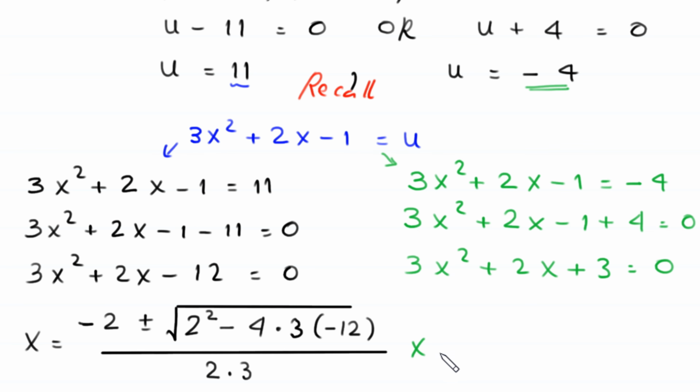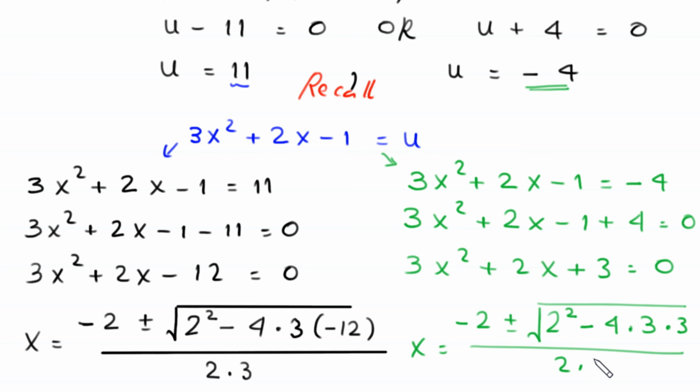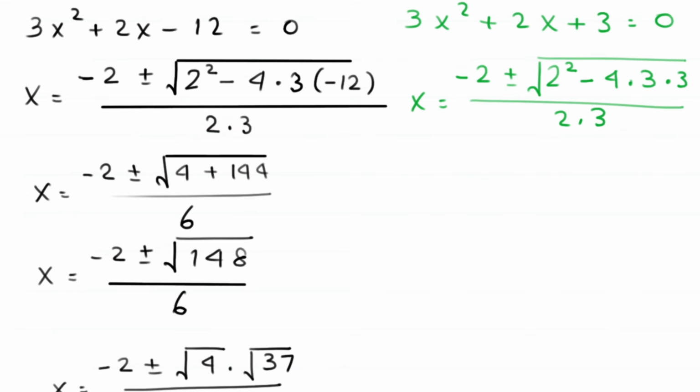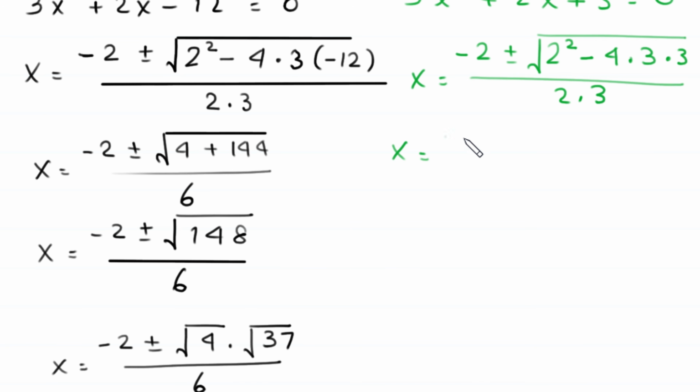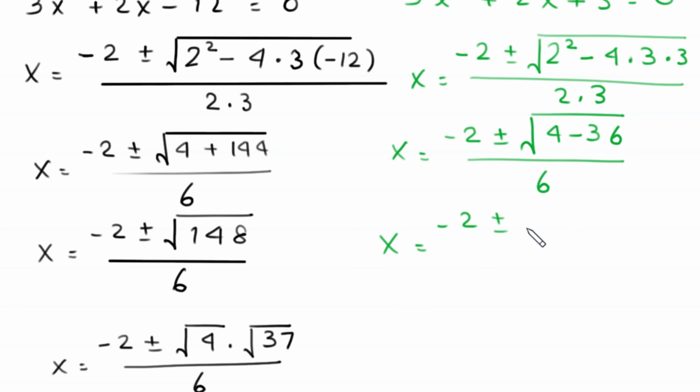According to the quadratic formula, x is equal to negative b, which is negative 2, plus or minus the square root of b squared, which is 2 squared, minus 4 times a, which is 3, times c, which is 3, divided by 2 times a, which is 3. Further simplify, x equals negative 2 plus or minus the square root of 4 minus 36, divided by 2 times 3, which is 6. So x equals negative 2 plus or minus root negative 32 divided by 6.